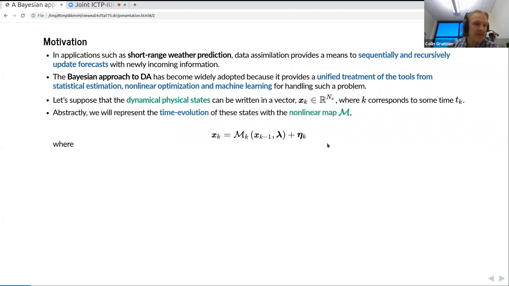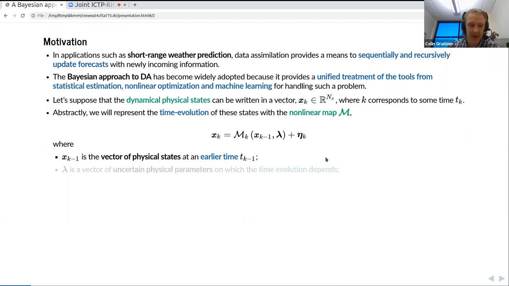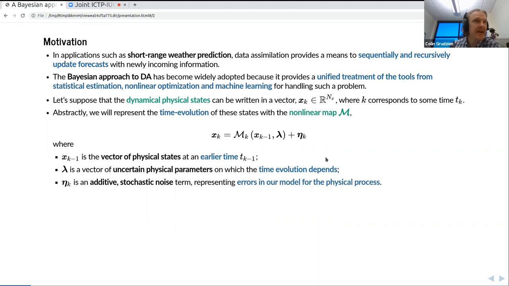Abstractly, we're going to represent the time evolution of these states with this nonlinear map, this curly M, where x_k is given as M(x_{k-1}, λ) plus η_k. Here x_{k-1} is the vector of physical states at an earlier time, k-1. λ is some vector of uncertain physical parameters on which the time evolution of our model depends. And η_k is some additive stochastic noise term representing the errors in the model for our physical process.